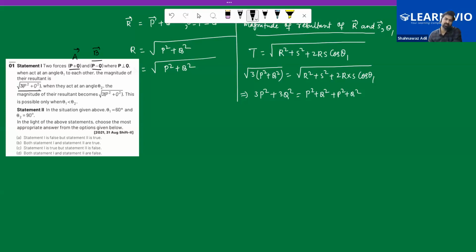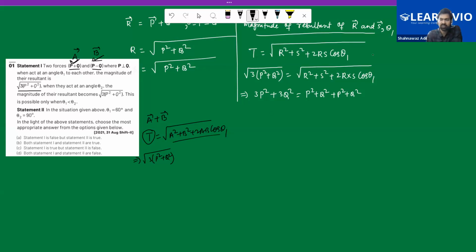So you have the A vector, you have the B vector, and the resultant would be A plus B. Let's name it as some T vector. So the magnitude of the resultant would be A square plus B square plus 2AB cos theta. Right? This is the magnitude of the resultant. In the question, they have said that this is root of 3p square plus q square, and that the angle between these a and b vectors is theta 1.